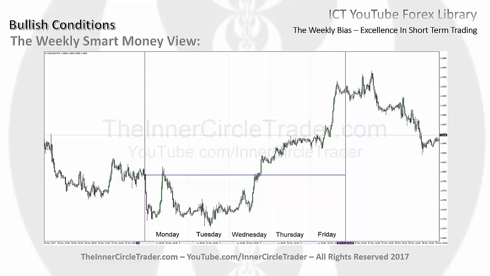Those gaps are very indicative of sentiment, and sometimes they could be exhaustive, or they could be insightful in that they show underlying strength. If it gaps up, it may not fill. It may not trade back down and fill that gap and then trade higher. It may just go straight north from the higher opening on Sunday's open.